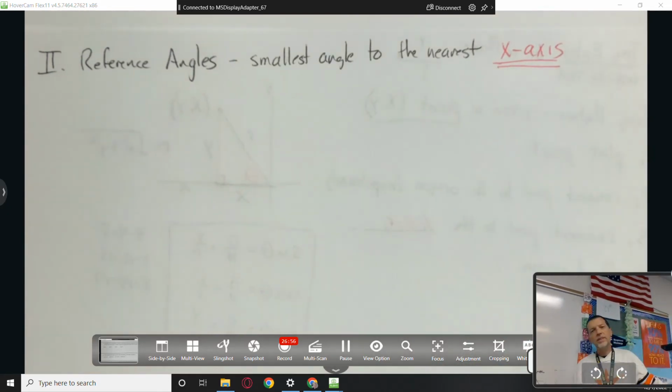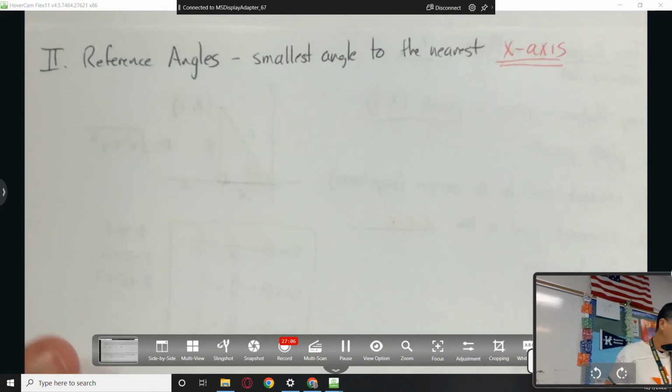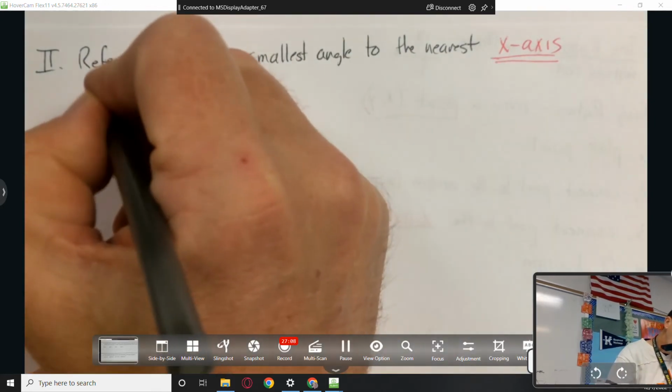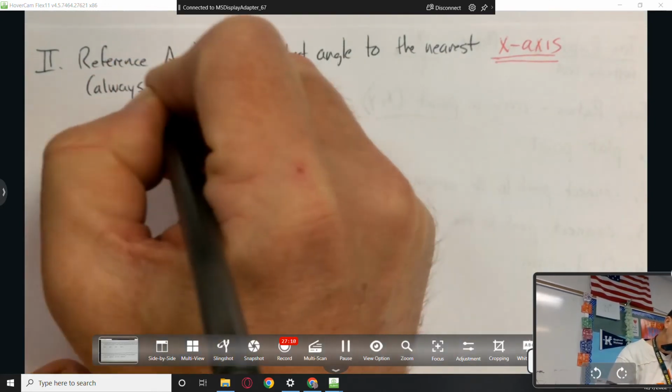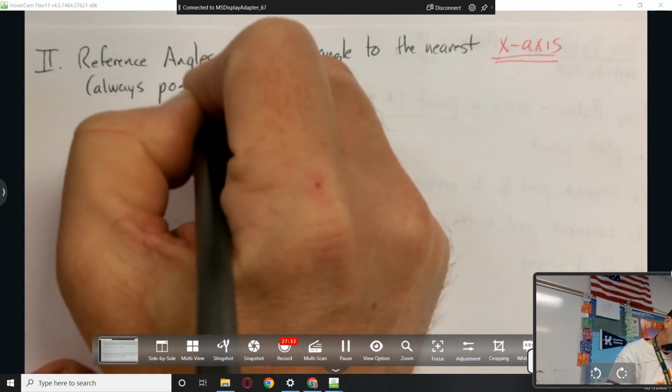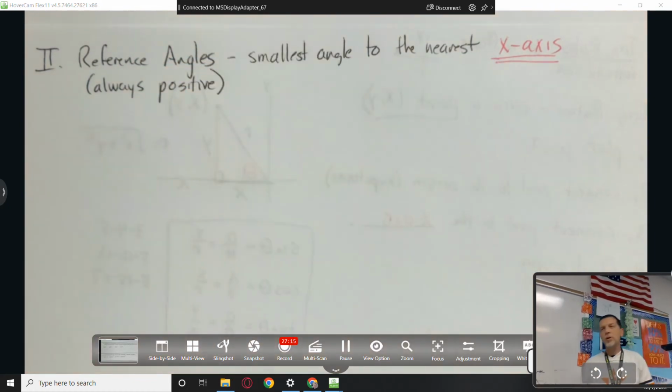We love us some x-axis today. Draw the triangle to the x-axis, and measure the reference angle from the x-axis. Reference angles are always positive, so you don't have to worry about, like, did I rotate forward or backwards? It doesn't matter. Just get to the x-axis.